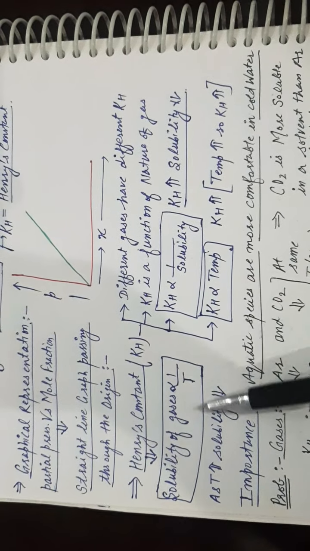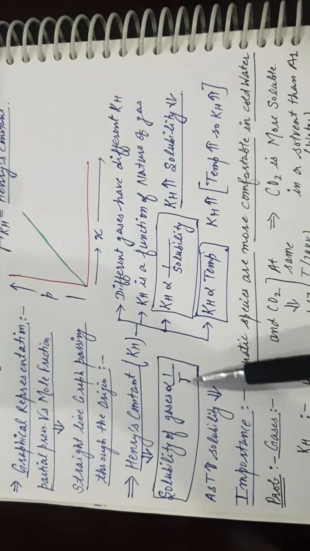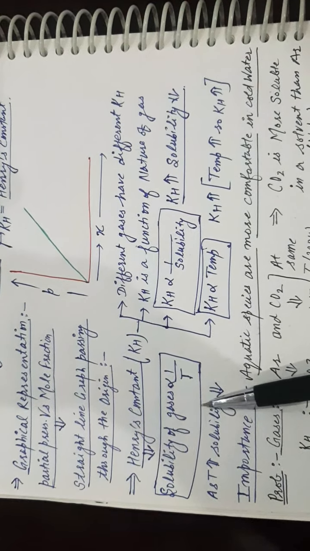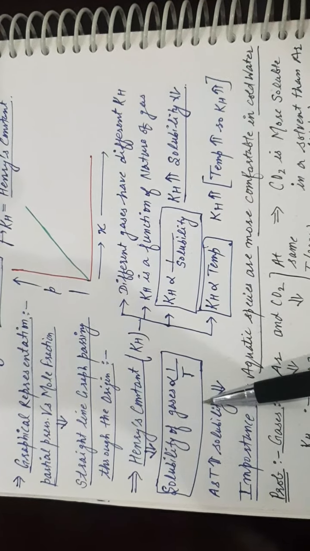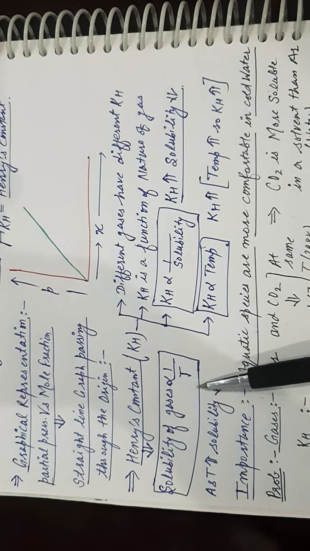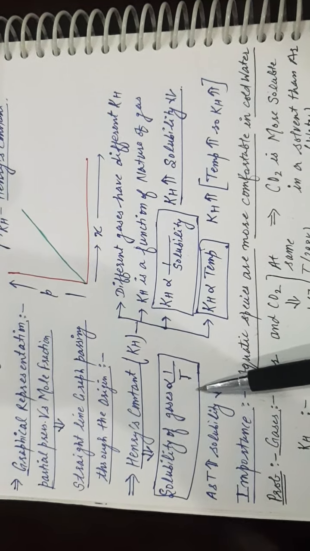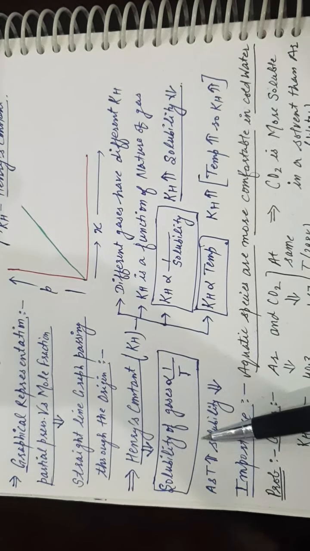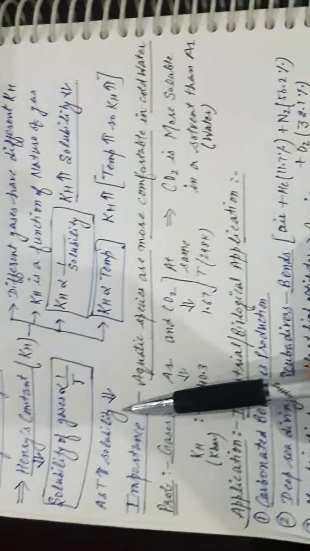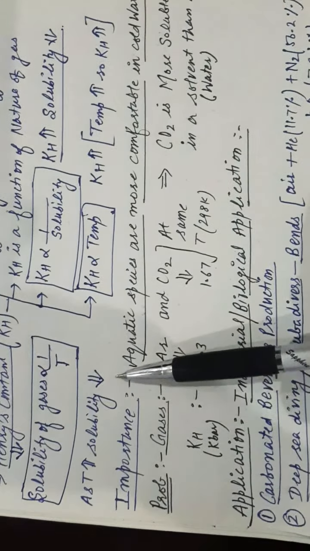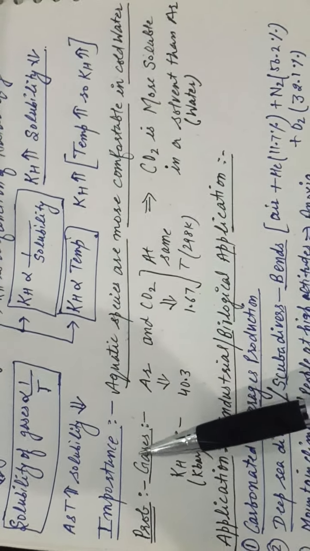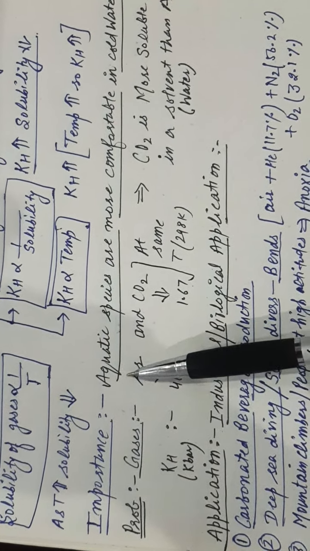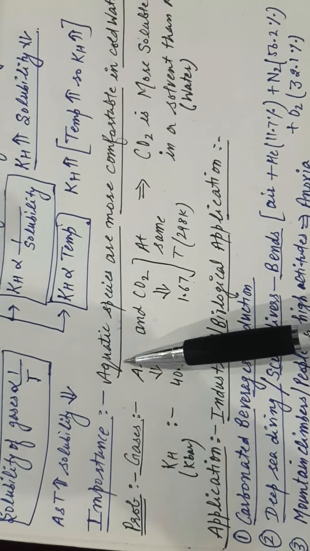As we have already discussed in the previous lecture, the dissolution of gas in a particular solvent is an exothermic process, and for an exothermic process the temperature should be low. So as you increase the temperature, solubility of gases in a solvent decreases. What is the importance of Henry's law in our daily life or in biological life?